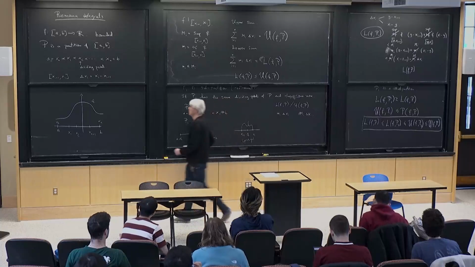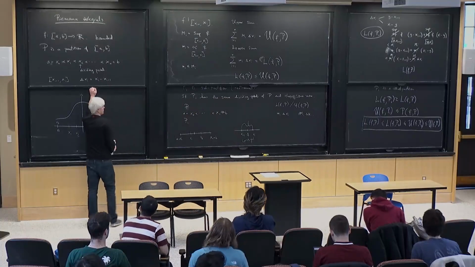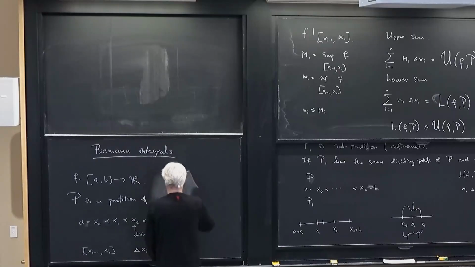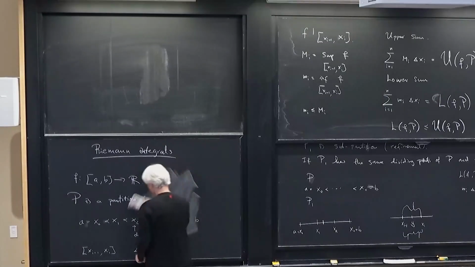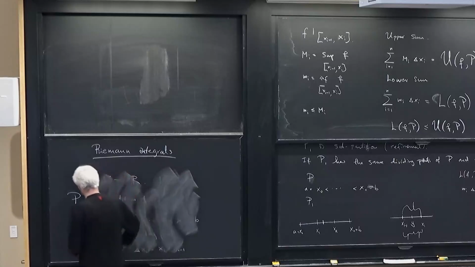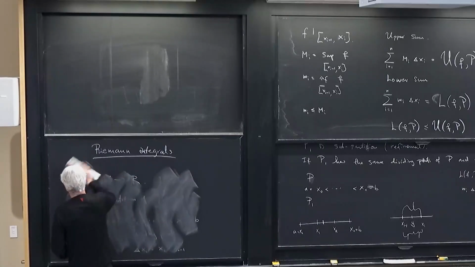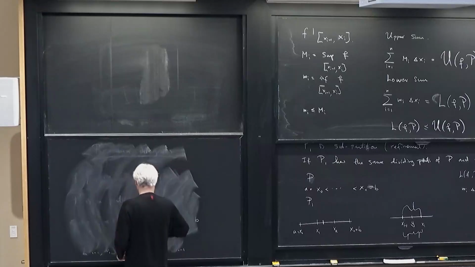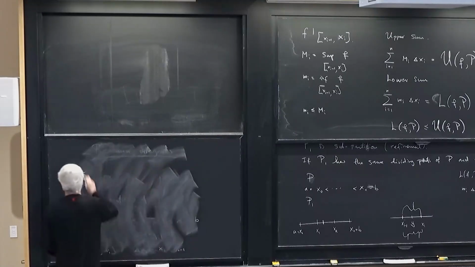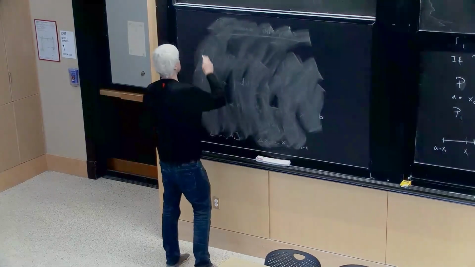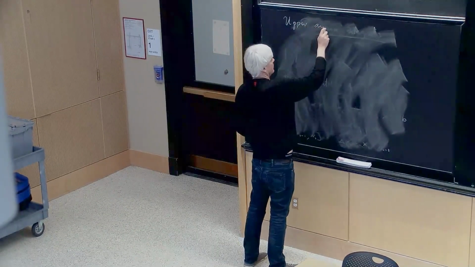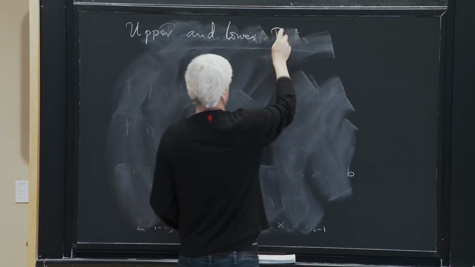Okay. So that was the upper and lower sums. Now we define the upper and lower Riemann integrals.